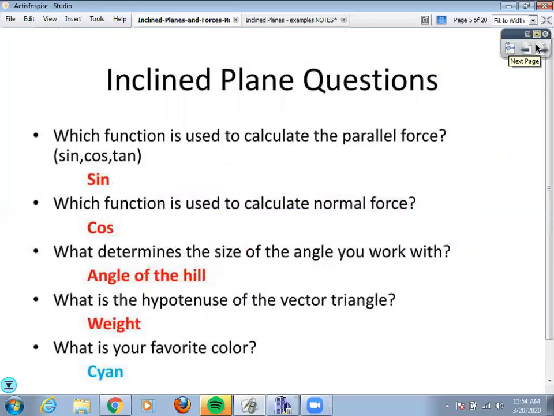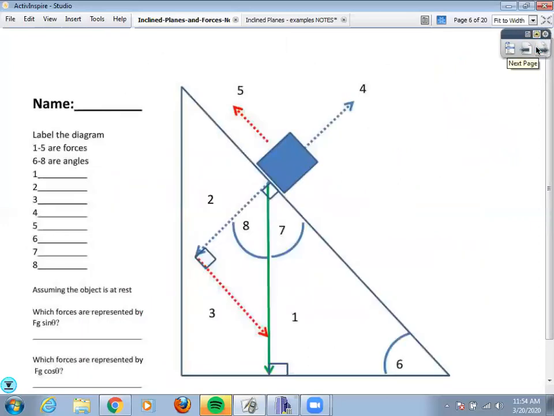All right, so we are coming back to some trigonometry, which I'll get to in a second. If we look at our inclined plane, clearly the object's going to slide down. FG parallel is actually the third force in this diagram.